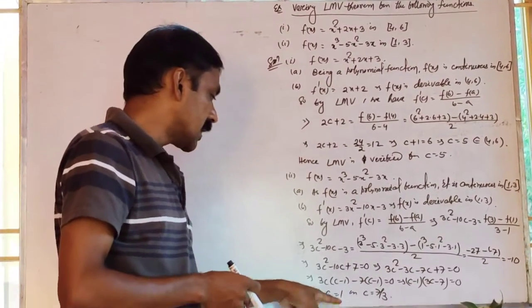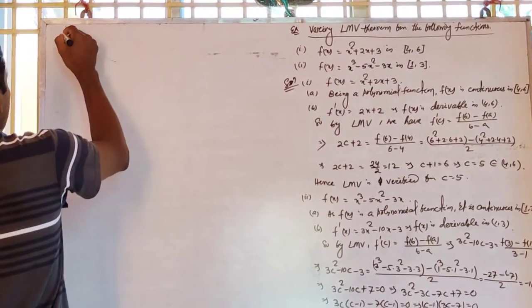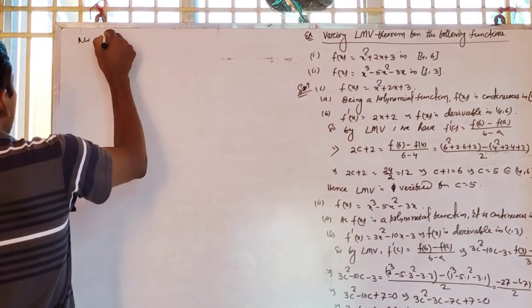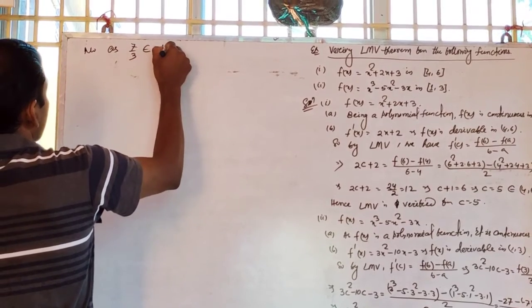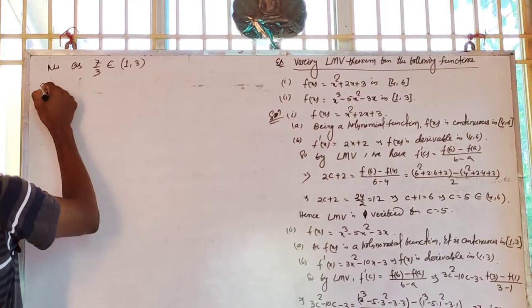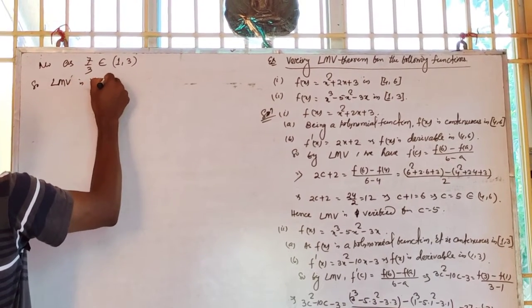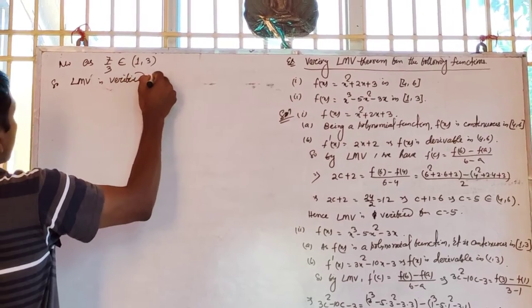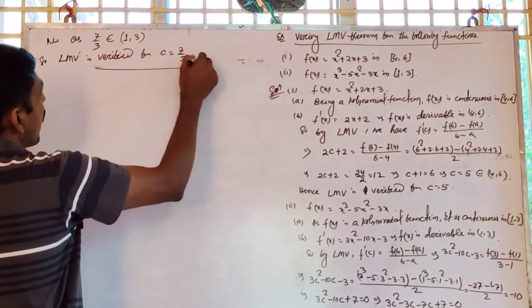And since our c is 1, so our 7 by 3 will become. So now 7 by 3 lies between this open interval 1 to 3. So LMB is verified for c equal to 7 by 3.